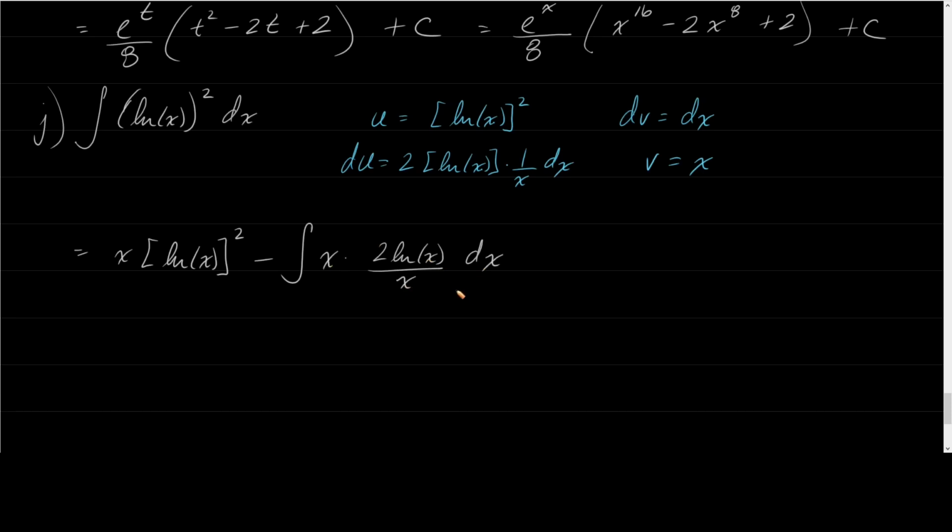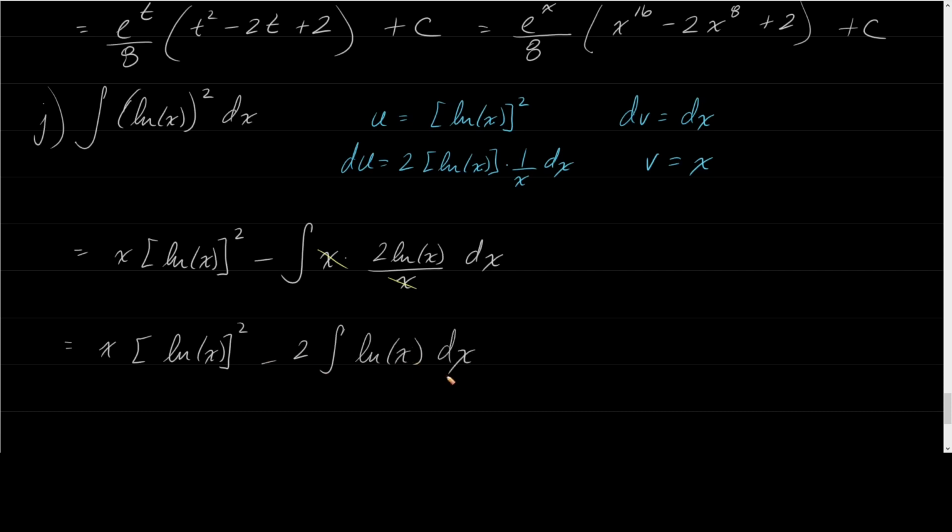And at that point, we've got the x's canceling each other out inside of that integral. And we can rewrite this line as x times ln of x squared minus 2 times the integral of ln of x dx.